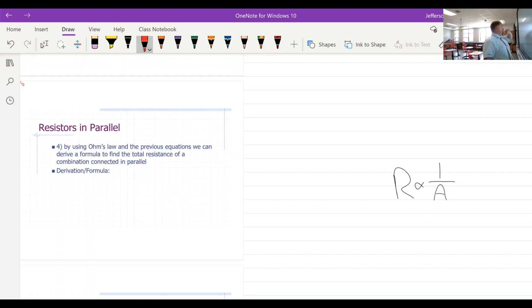Derivation is this. We know that, let's start with this, that I total is equal to I1 plus I2 plus I3. Okay, that's what we just got done proving.